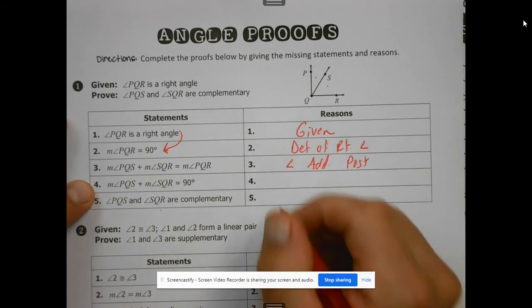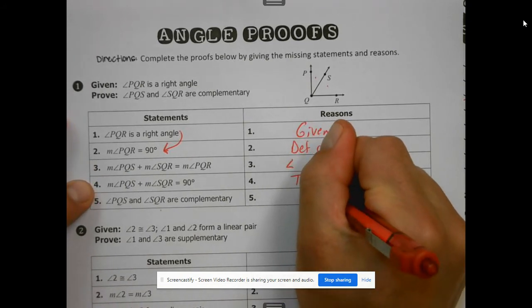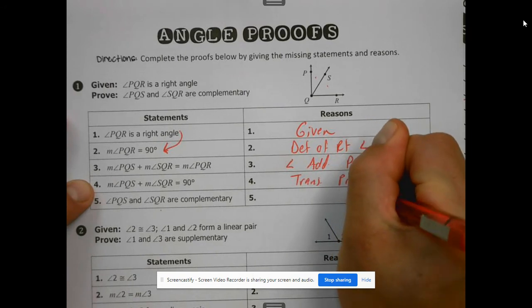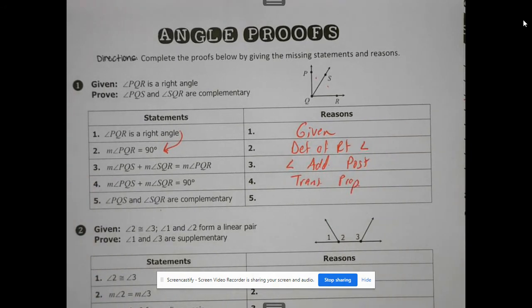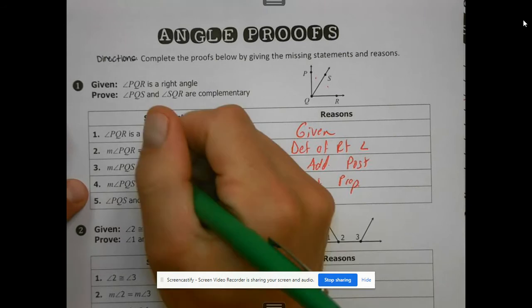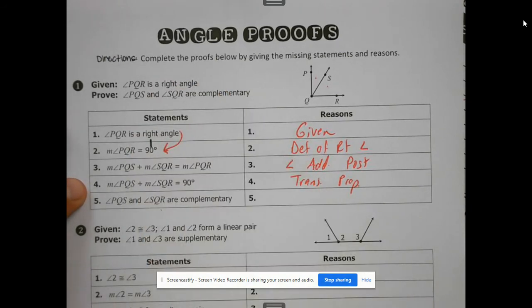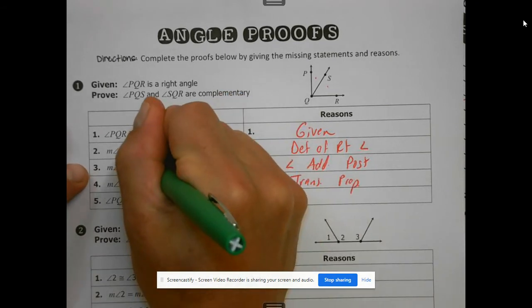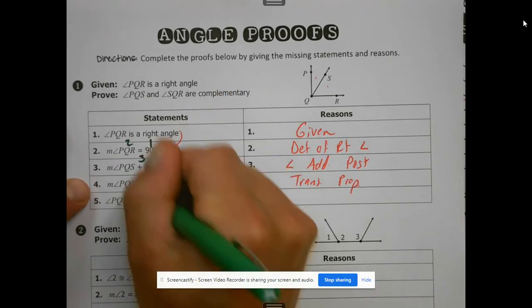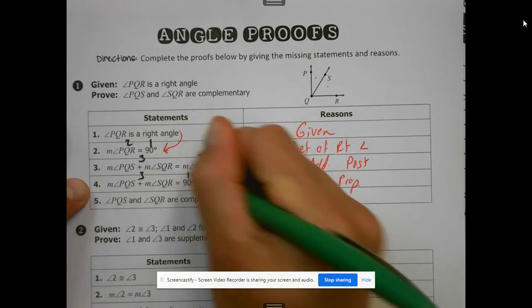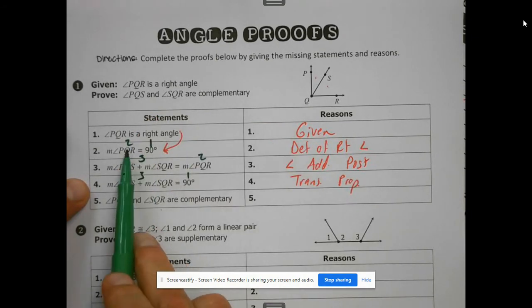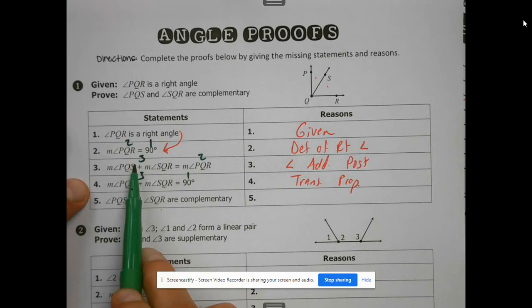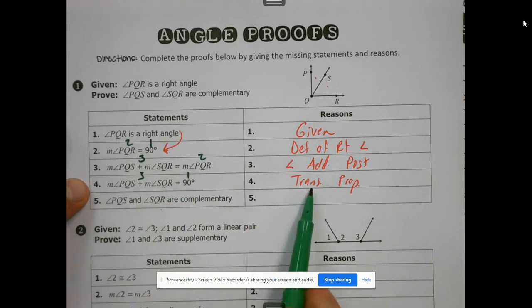Number 4, it's good old transitive property. Let's number it. Line 2, I'll call 90 the 1. PQR is my 2. This addition stuff is a 3. If 1 equals 2 and 2 equals 3, then I can say 1 equals 3, transitive property.